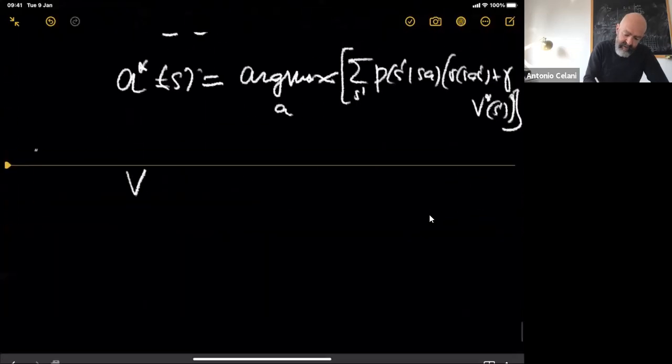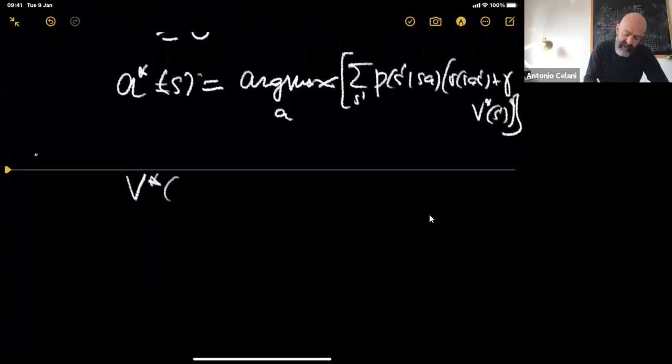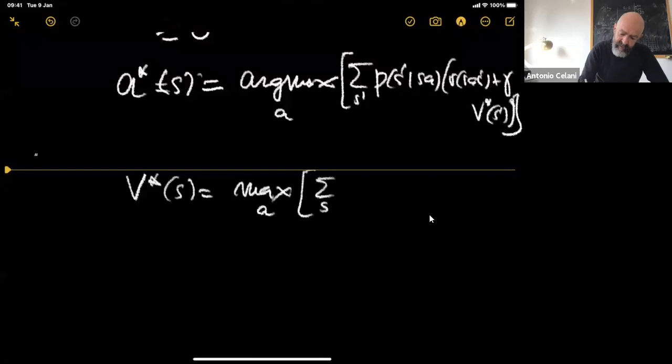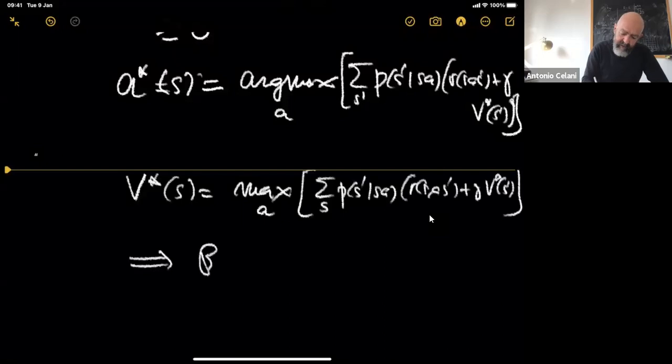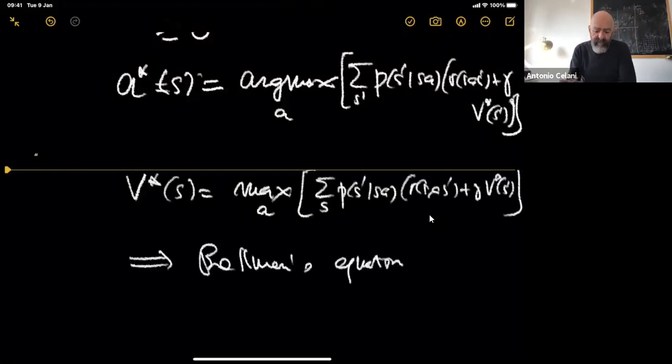What's happening? V star of S is equal to the maximum over A of the sum over S prime. And this is the Bellman equation. Okay, sorry, I overflowed with time.